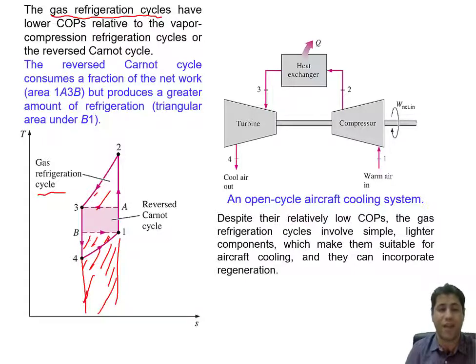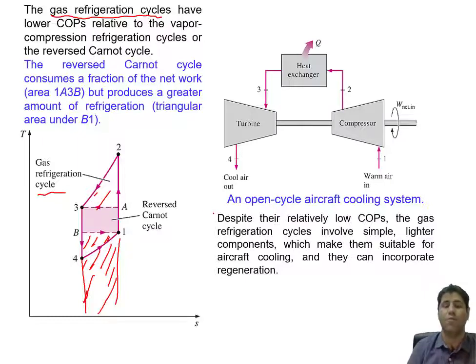So this triangle shows the difference between the refrigeration amount of the reverse Carnot cycle and the gas refrigeration cycle. And you can see here that the COP of the gas refrigeration cycle is not that high, even less than the reverse Carnot cycle. So it is not that efficient, this gas refrigeration cycle.